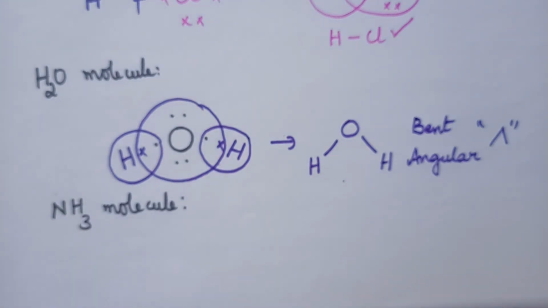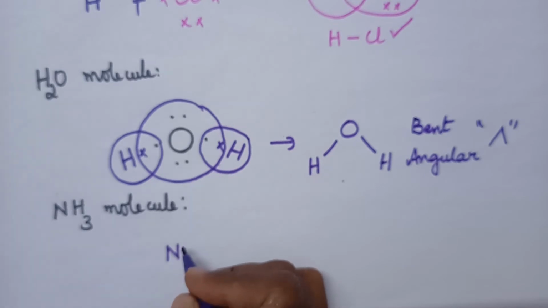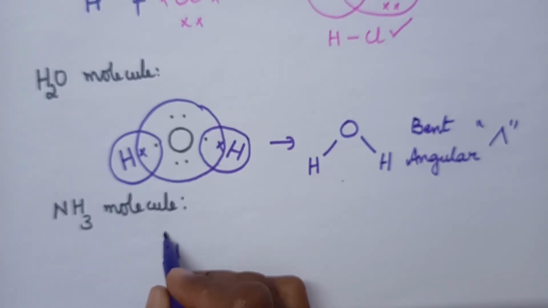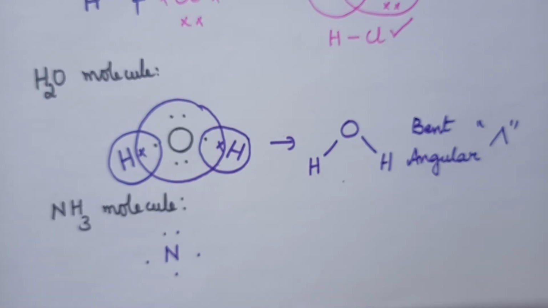So how many electrons are present in the nitrogen atom, especially in the outermost orbit, students? It contains 5 electrons and it requires 3 more electrons. So it contributes the electrons for sharing.